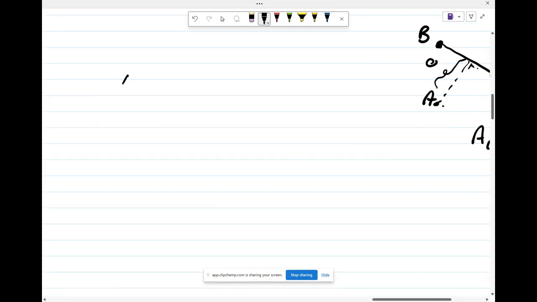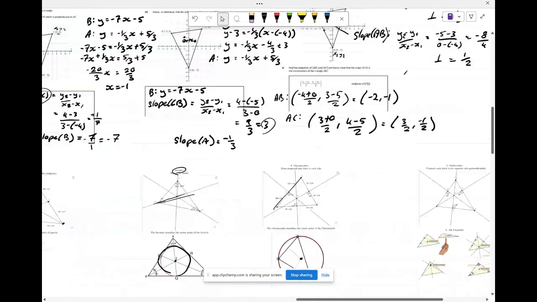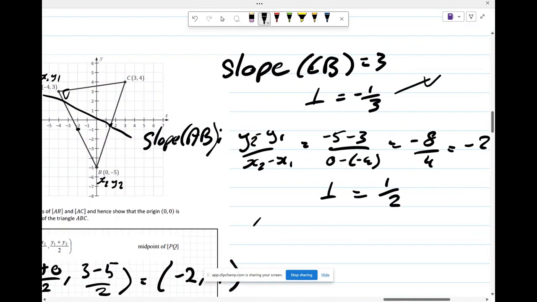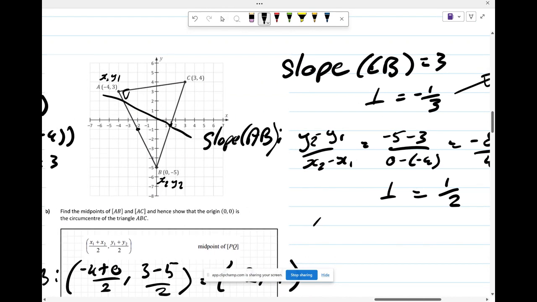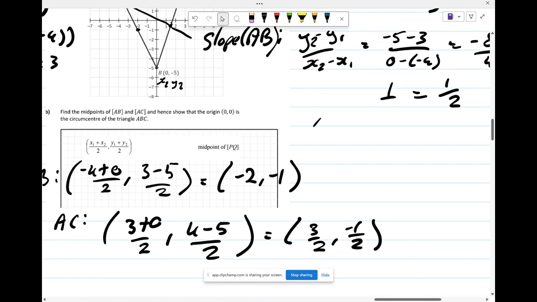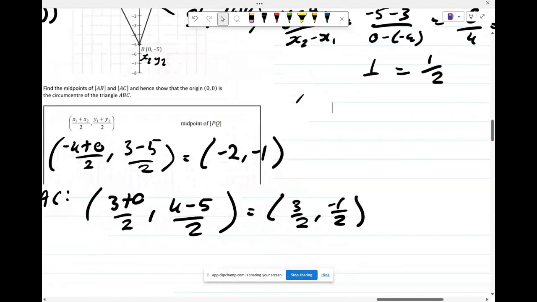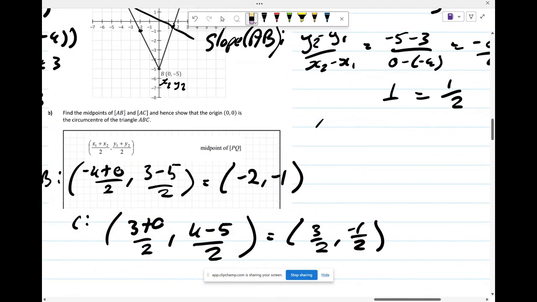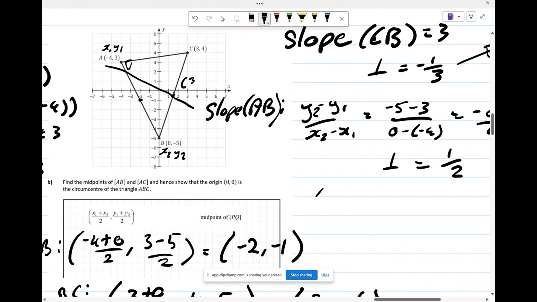So let's go from here. We have our slope and we have our point. Our midpoint for BC was 3/2 and -1/2.